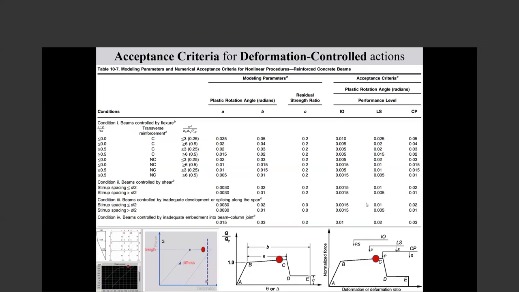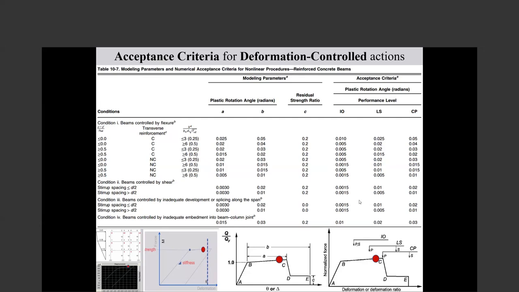Then, the nonlinear static procedure can be applicable if we wish to design a new building as per NBC. Please be informed that the pushover process is included in our new code as an analysis tool section.